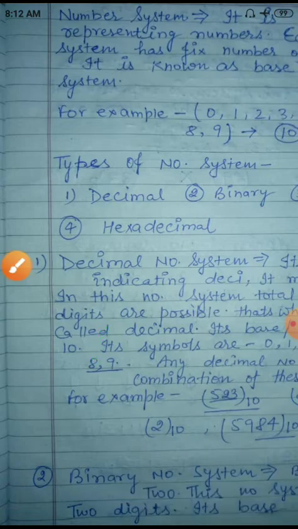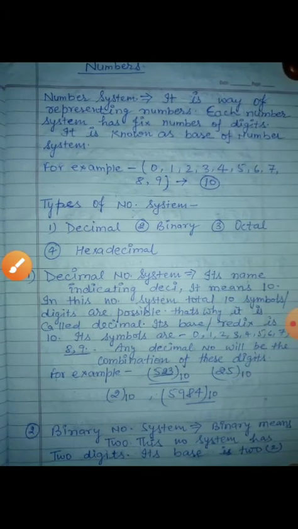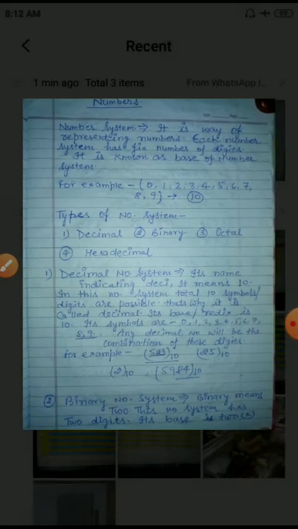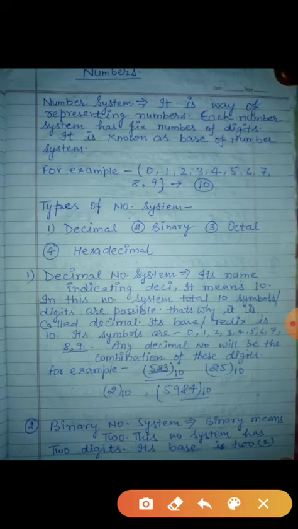Total 10. Okay, 0 to 9 means total 10. Any decimal number will be a combination of these digits. Suppose any decimal number you are making, that will be a combination of these digits.